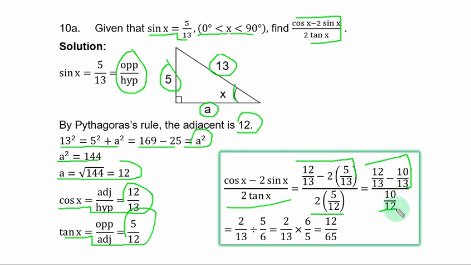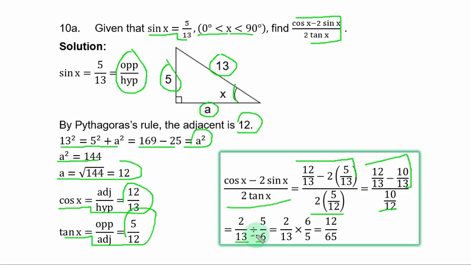The numerator is like the difference of two like fractions. You simply subtract, that is 12 minus 10 over 13, that is 2/13, divided by the denominator 10/12. When reduced, you have 5/6.